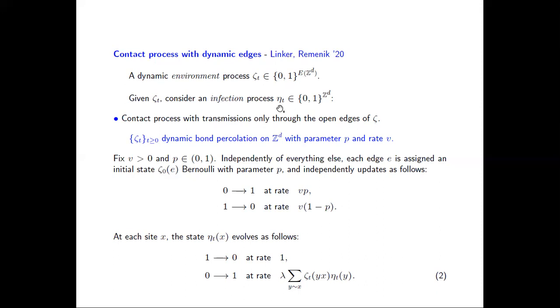The environment is the dynamic bond percolation on Z^d. The parameter of the percolation is p, and there is a rate or speed v. That means the edges open with rate v times p, and close with rate v times (1 minus p). So the Bernoulli product measure is invariant here. It's just the well-known dynamic percolation moving with this speed, where the edges are opening and closing as time goes by.